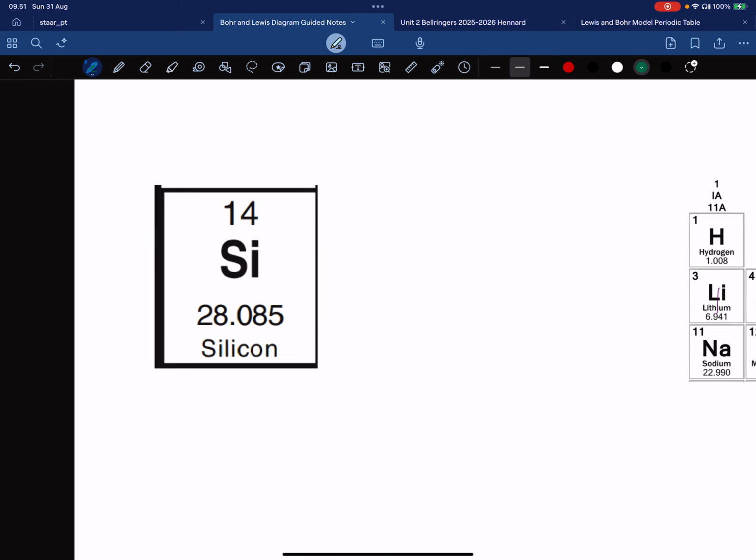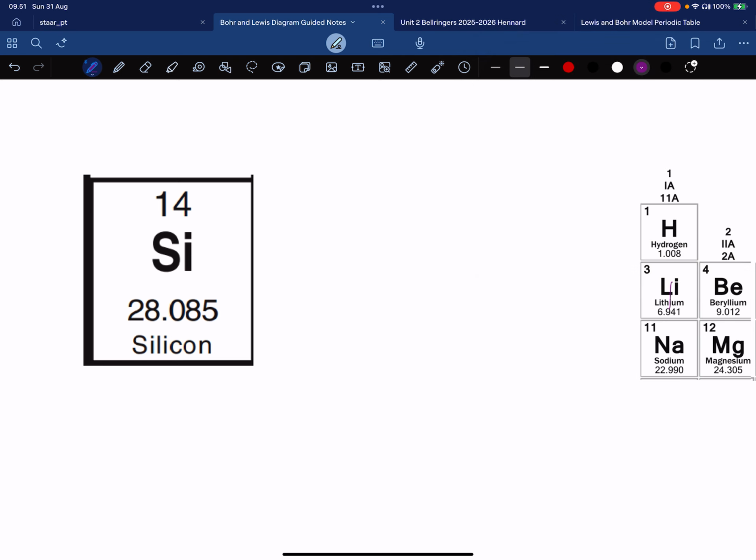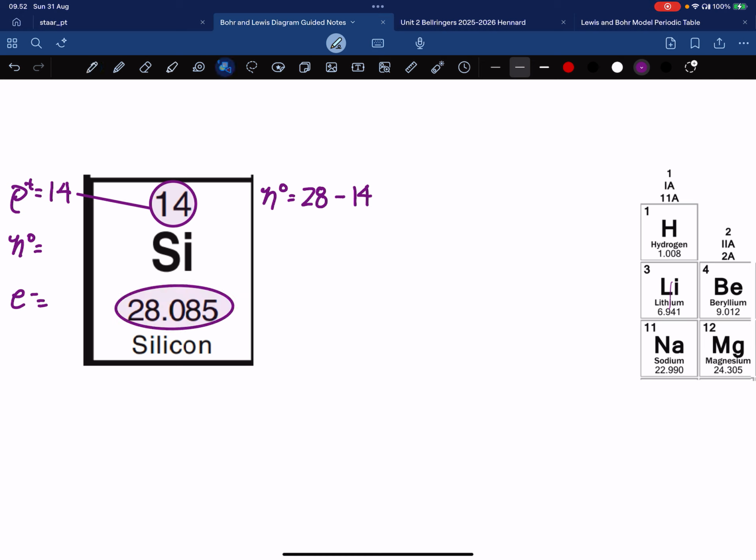Then we do the same thing for silicon down here. Again, change the colors. Protons, neutrons, electrons. Protons is going to be 14. Neutrons is going to be 28 minus 14, which of course is going to be 14.